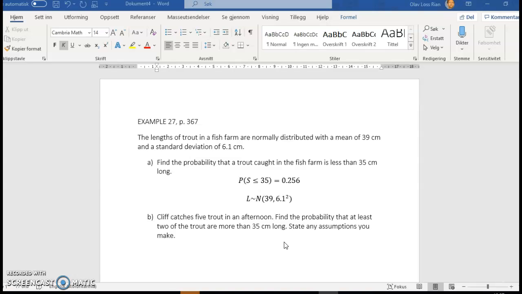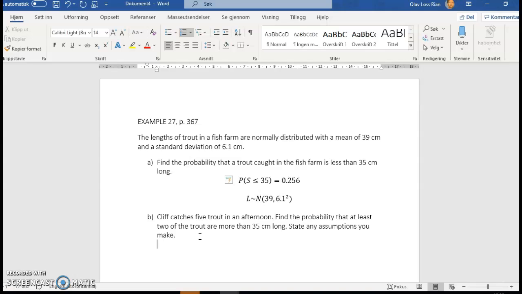And the other parameter for binomial distribution, that was the probability in each trial. And we've found this probability in each trial. It's 25.6%.